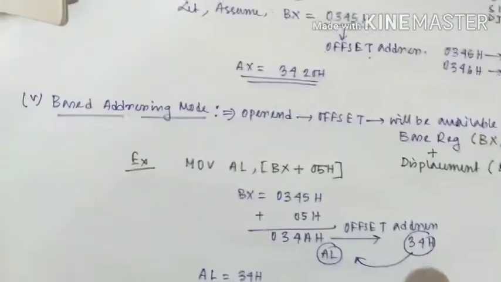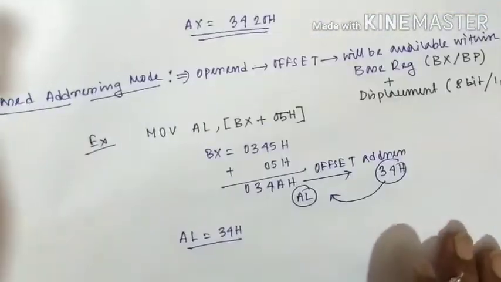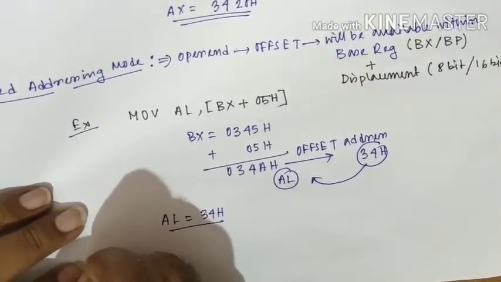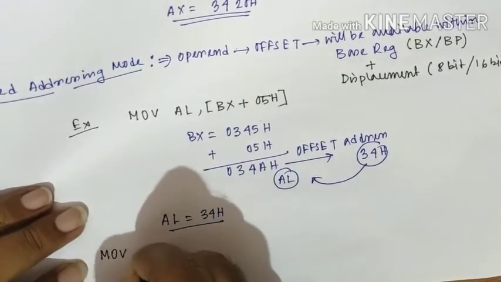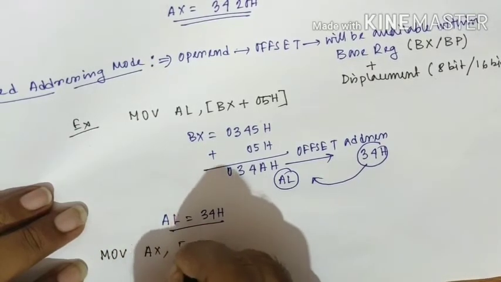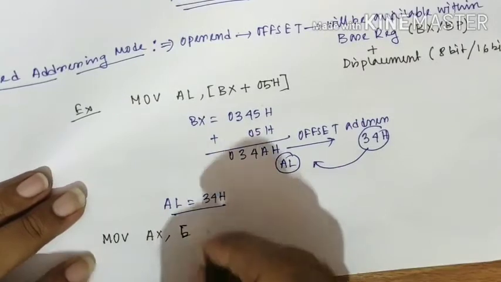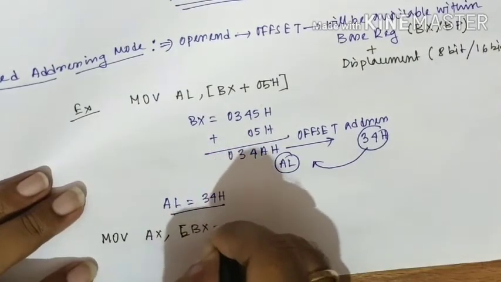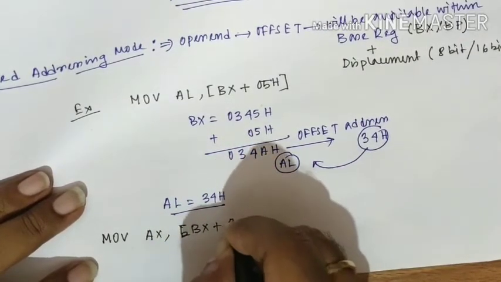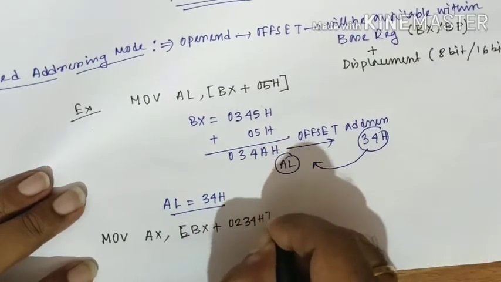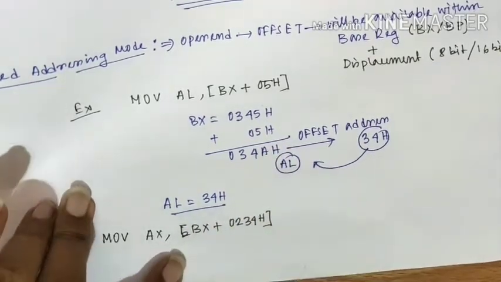Another example can be given in this way. Suppose I have written MOV AX, comma, BX plus 0234H. So the displacement here is 16-bit.